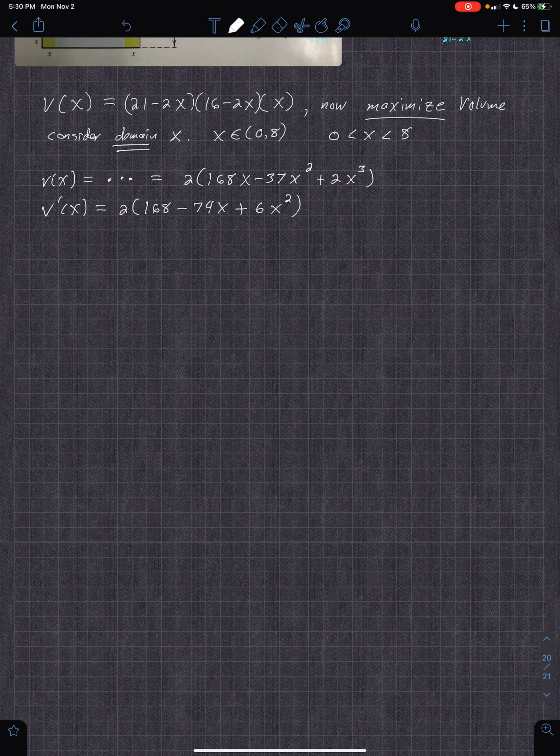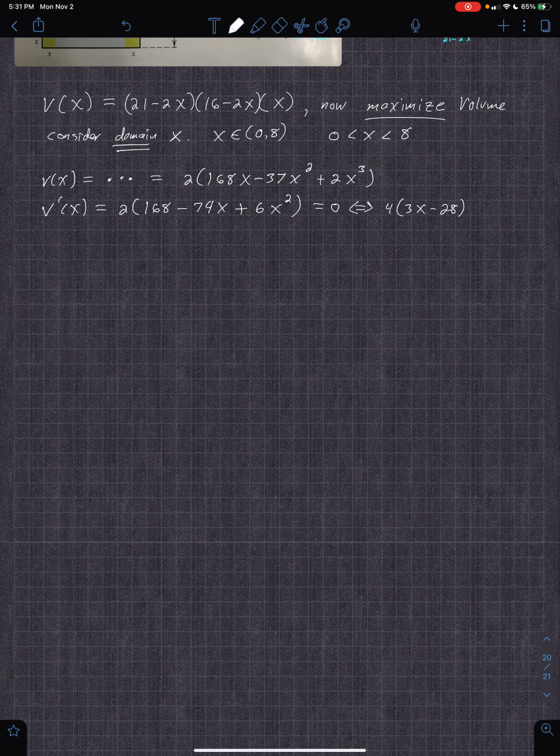All right, so then you're setting that equal to 0 and solving. So you might as well get your critical values, and they're going to be nice values because it's a polynomial. So you get, factor out a 2 again, so you have 4, and then when you factor again, check this, you get 3x minus 28.